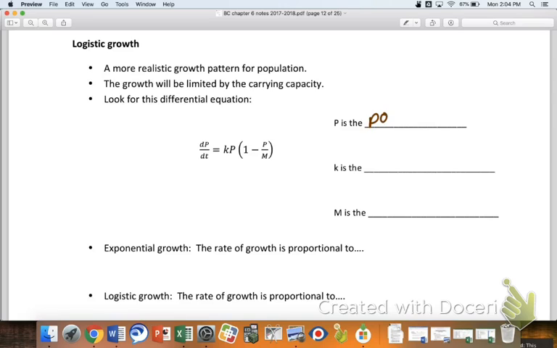P is population. It's how many people are there, how many bunnies are there, how many people who have heard the rumor or the lie, whatever. K is a constant, and M is what we call the carrying capacity. And this is that limiting factor.